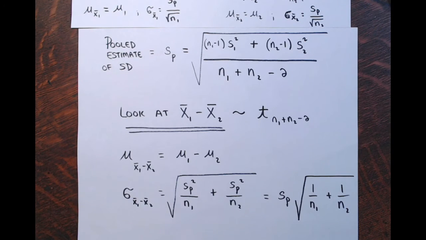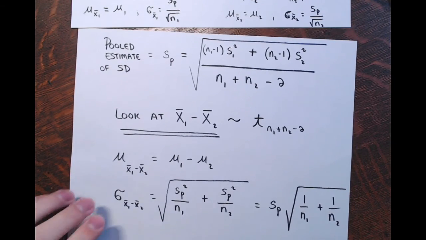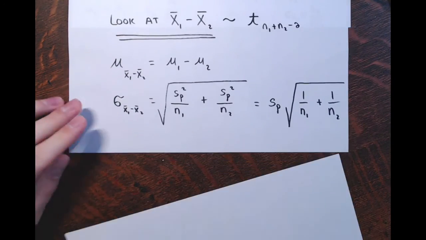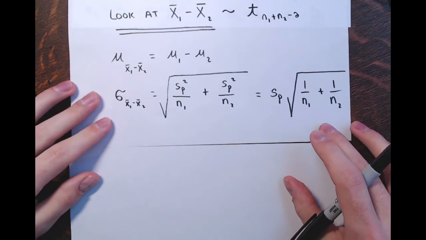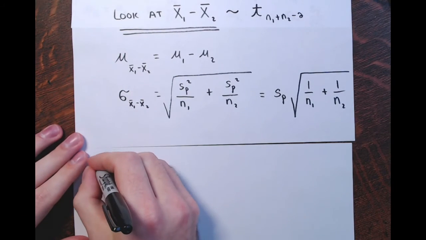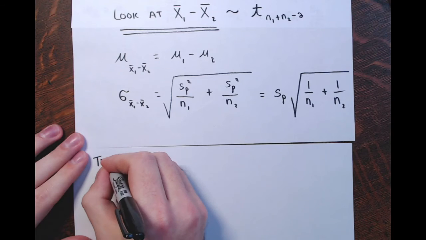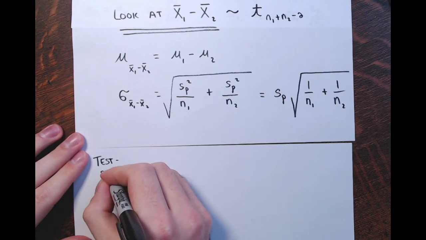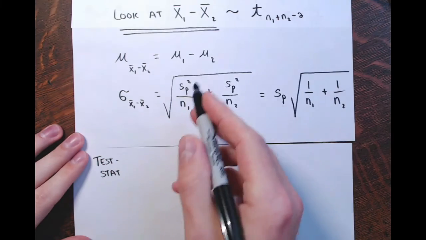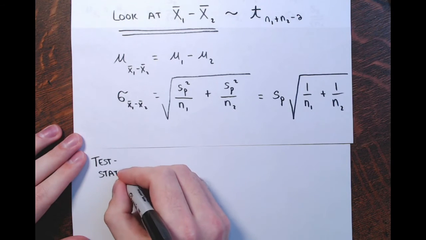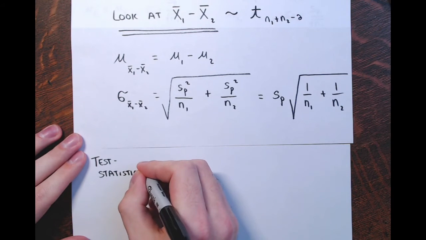All right. And finally, after all this, the test statistic for our sample means. So in this scenario, again, this pooled scenario, where you're assuming population variances are equal, the test statistic, and we're dealing with students' t-distribution here, is a t-score.